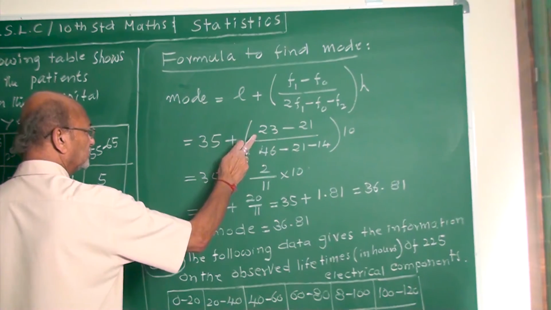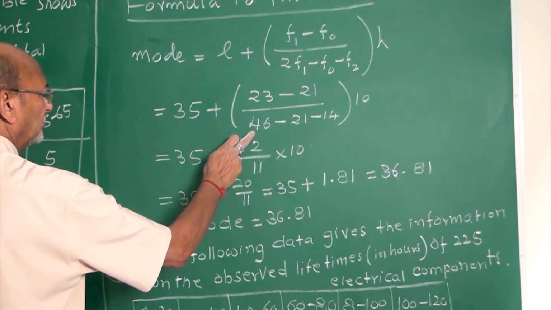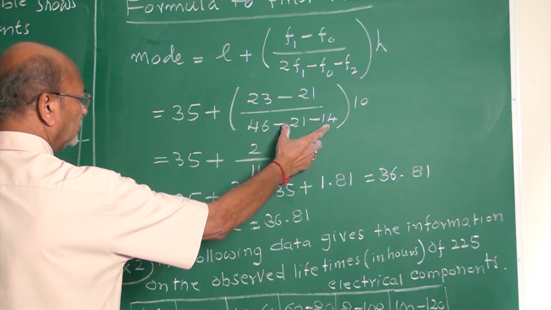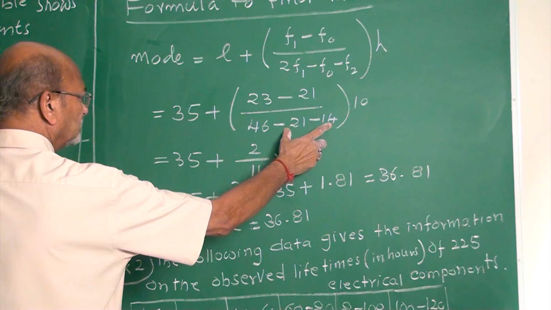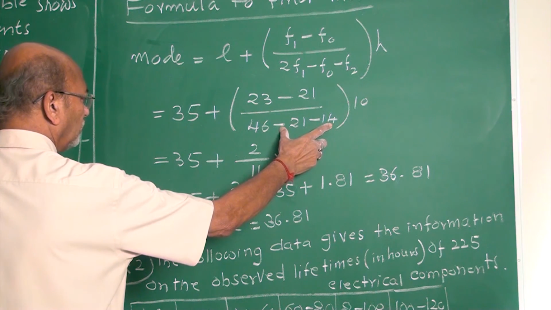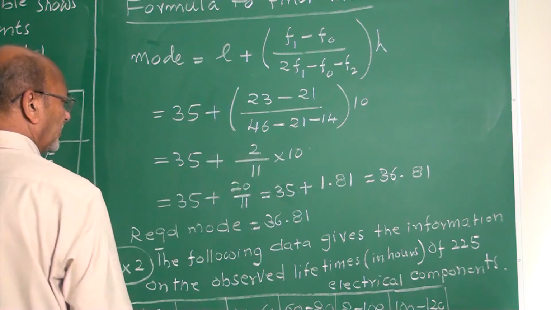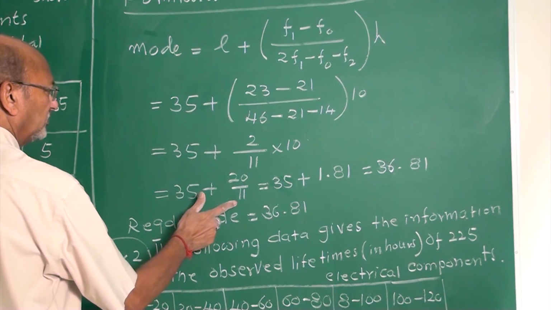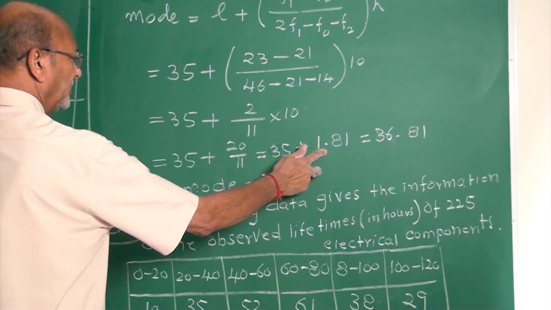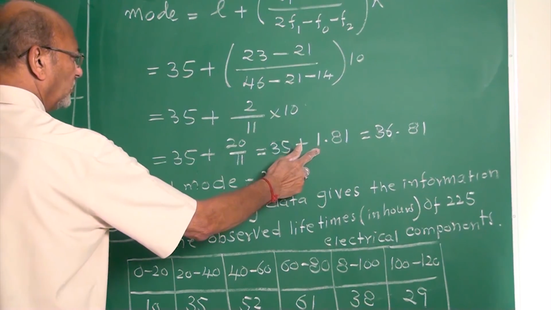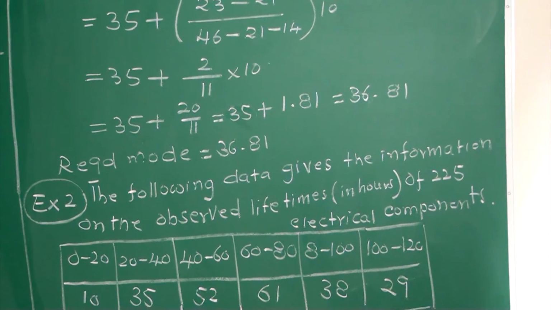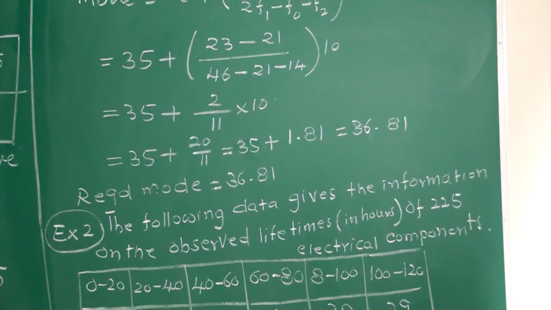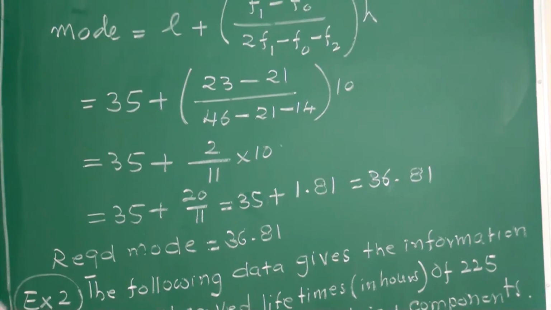So 35 plus 2 upon (46 minus 35), which is 11, into 10. That is 35 plus 20 upon 11. Simplified, 20 upon 11 is 1.81. 35 plus 1.81 is 36.81. Therefore, the required mode of the distribution is 36.81. This is a simple example, my friends.